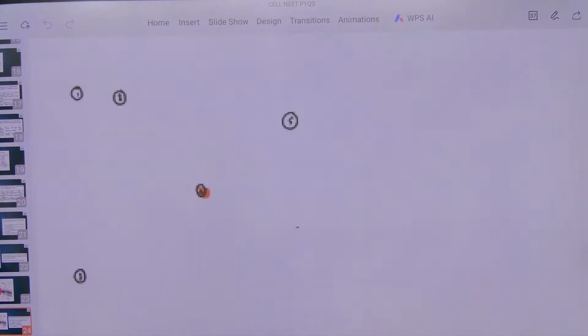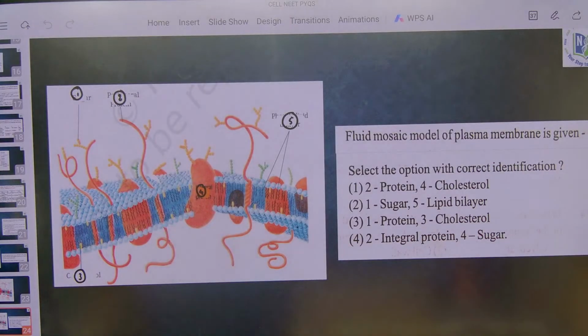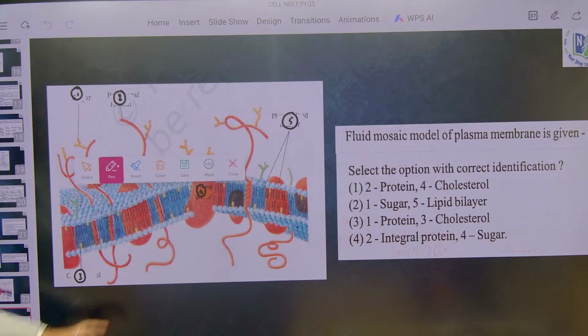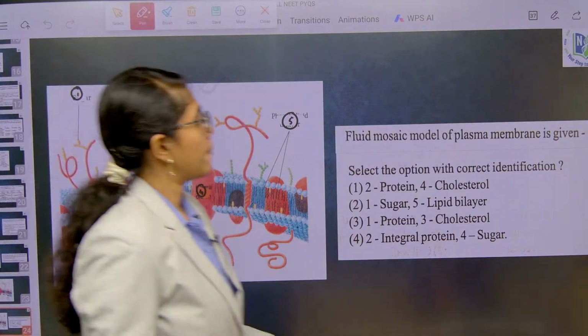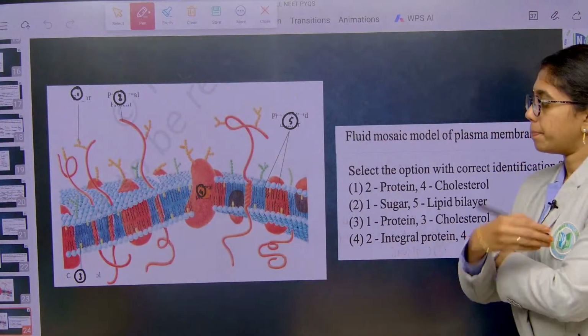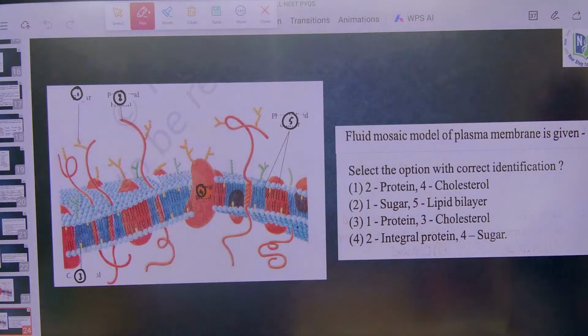Try to answer this question. Fluid mosaic model of plasma membrane is given. We need to identify it correctly.